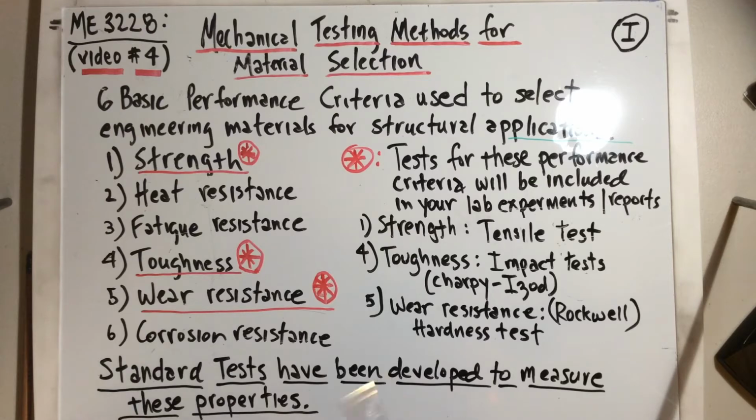So you need to know what kind of resistance this particular material might have to these corrosive environments it might be entering into, and what type of materials you might want to choose to resist that corrosion. So there are corrosion resistance specific standardized tests for that.